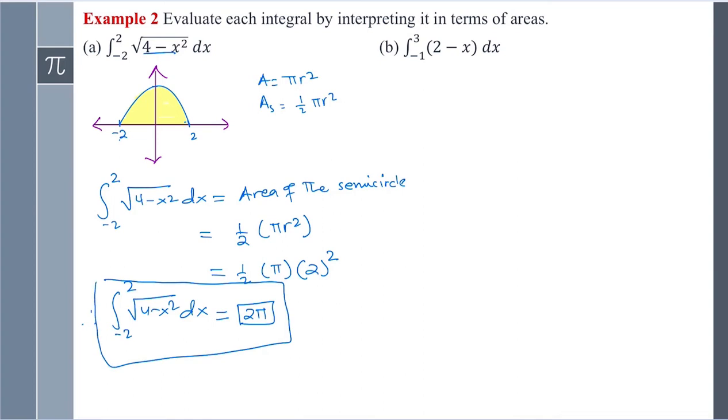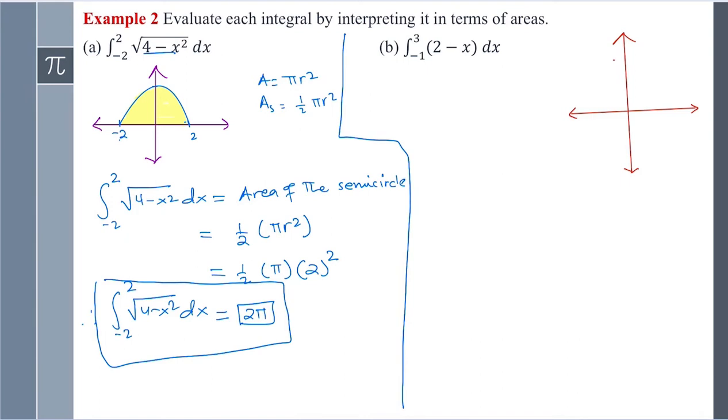Now let's look at another one here. Let's go ahead and graph this function. The graph of this function would look like, let me draw it over here. So this is a line with negative slope, and if you look over here, the x-intercept is 2 and the y-intercept is 2.